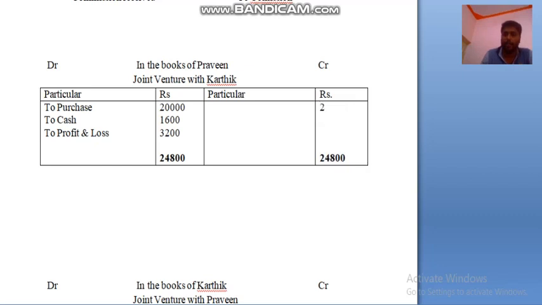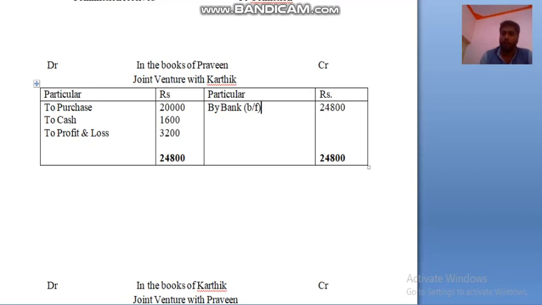The balance figure also 24,800. So this is the final settlement made to Praveen. So by bank, balancing figure 24,800. So the Praveen account is over.